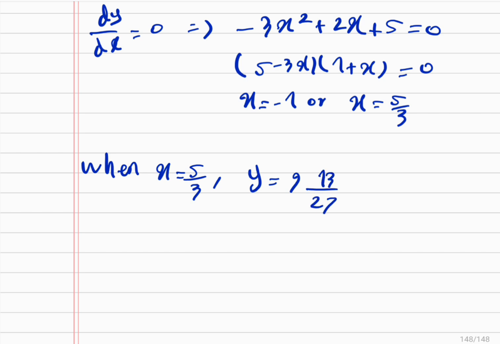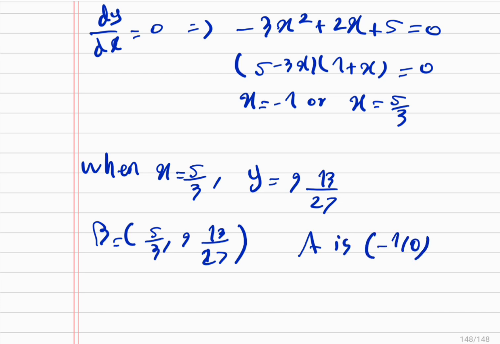So it's a mixed number. That's basically the y coordinate of B. So B has coordinates (5/3, 9 13/27), and A obviously has coordinates (-1, 0). Okay, so that's it for this video, and thank you for watching.